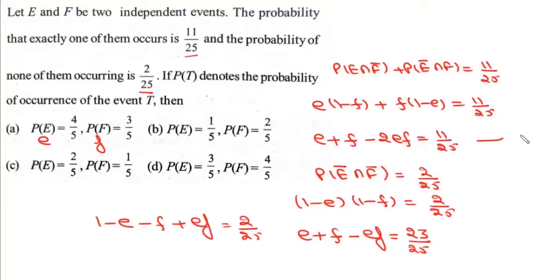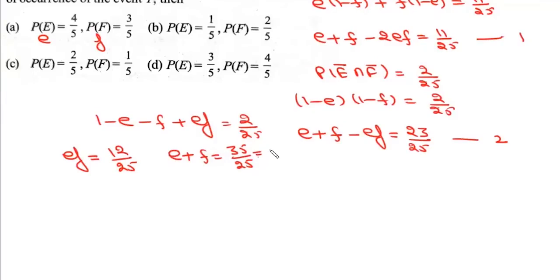Now if we subtract the first from the second, we can write E into F as 12 by 25, and E plus F as 35 by 25. Now this is 7 by 5.